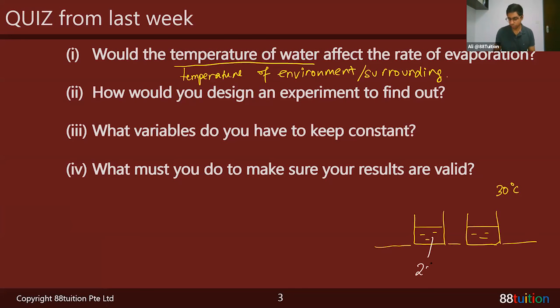Temperature of water is cool, 20 degrees. This one, 35 degrees. You see, this is what they're asking. So you see, you guys are changing the answer now. Is it yes or no? The question is, will the temperature of the water affect the rate of evaporation? Will this have more? Which one?